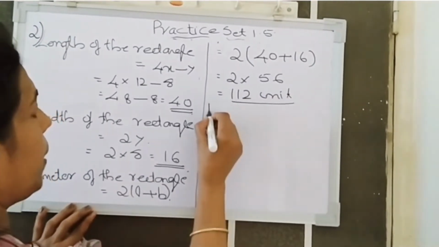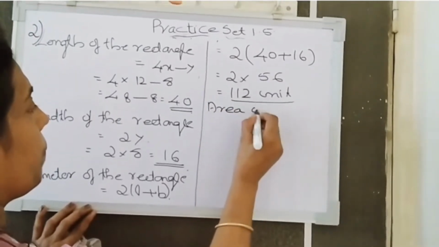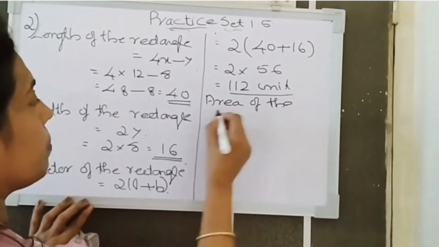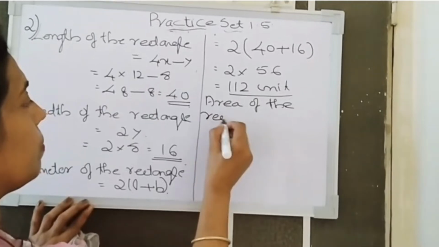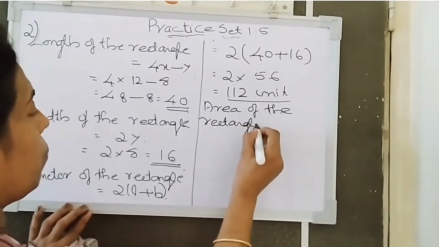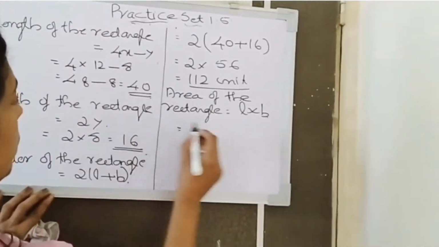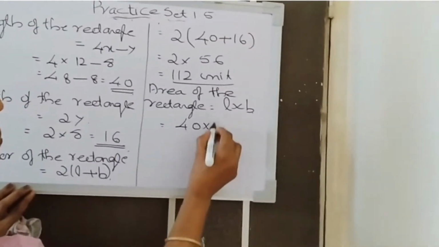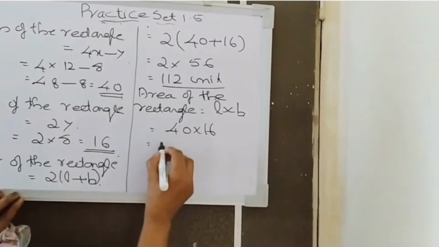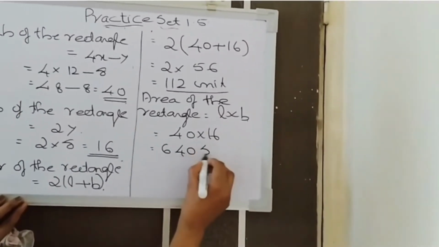And next, area of the rectangle. Area of the rectangle is equal to length into breadth. Therefore, length is equal to 40, breadth is equal to 16. Therefore, 640 square unit.